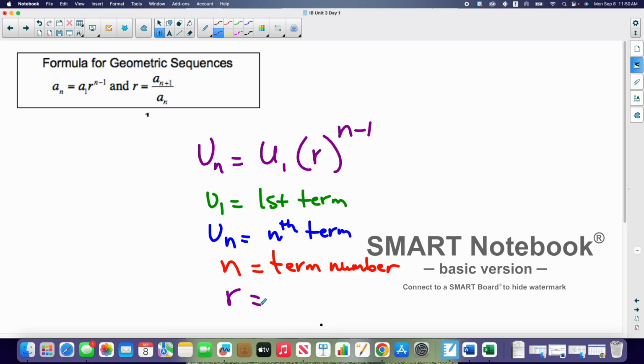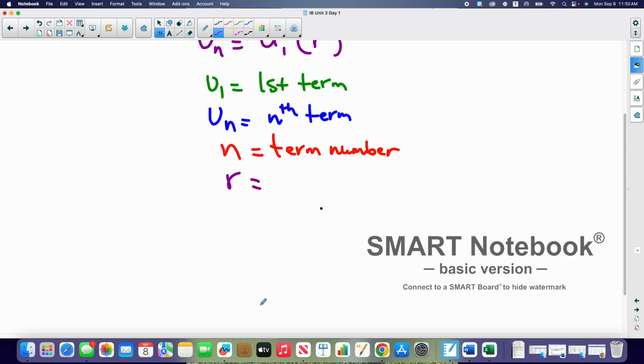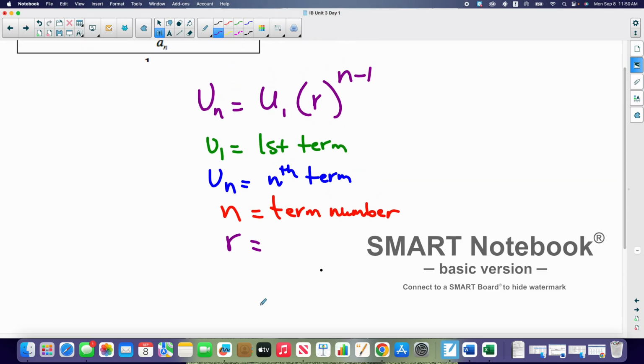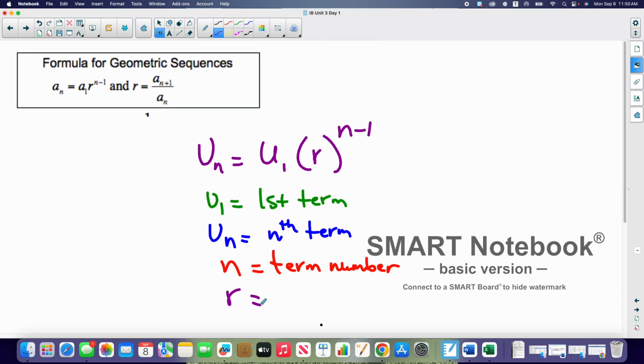Okay? What does the r stand for? Anybody got a thought? Rate, that's close. It's the ratio. Okay? This is the common ratio. All right? So in a geometric, we're multiplying by a common ratio, not a common difference. Okay?